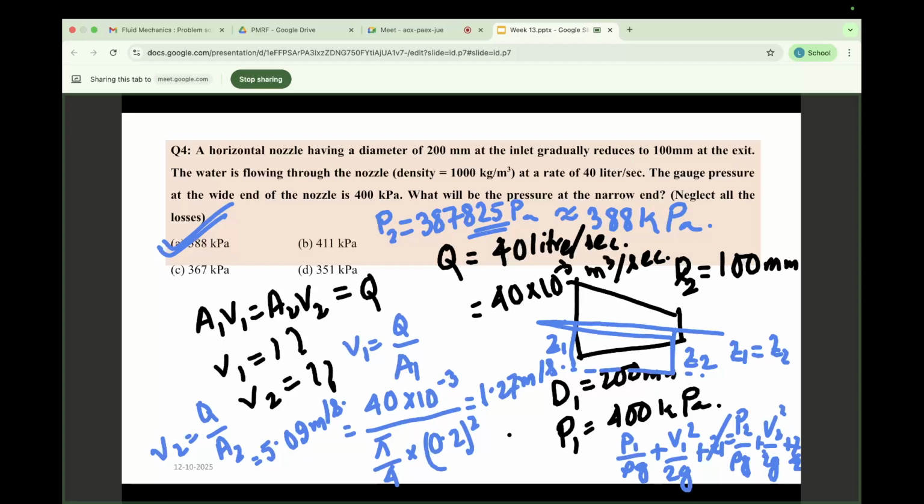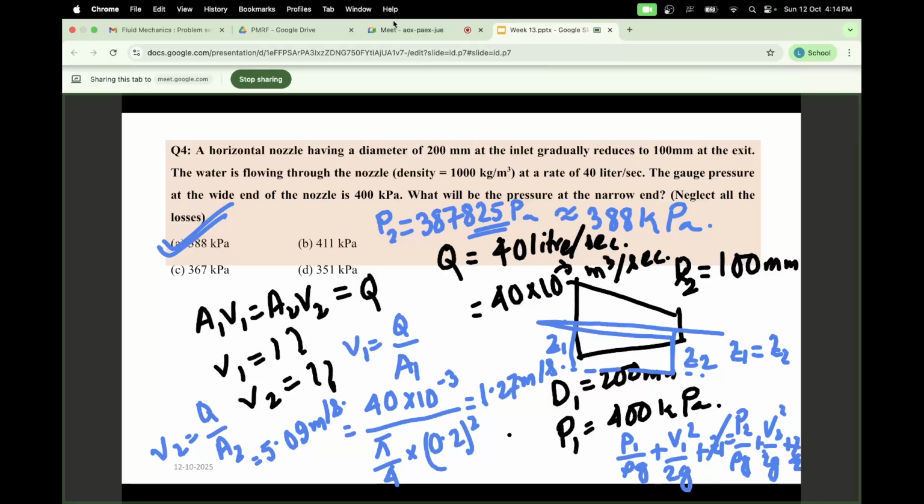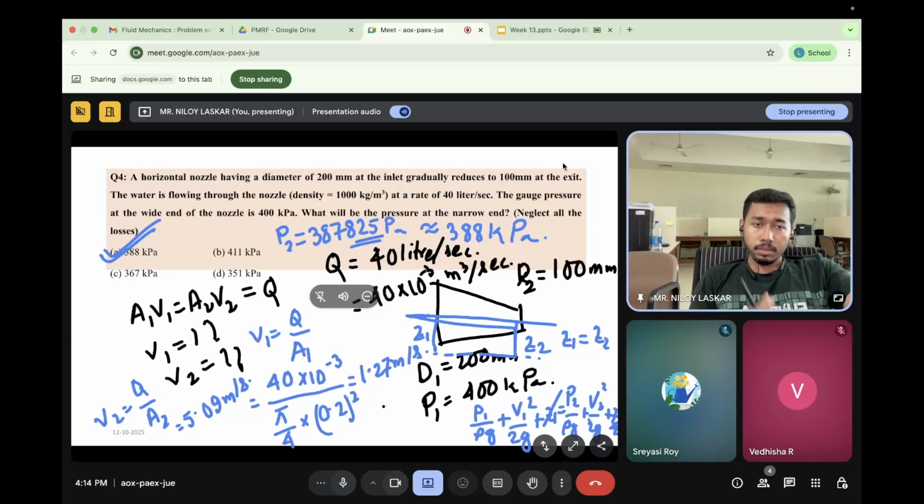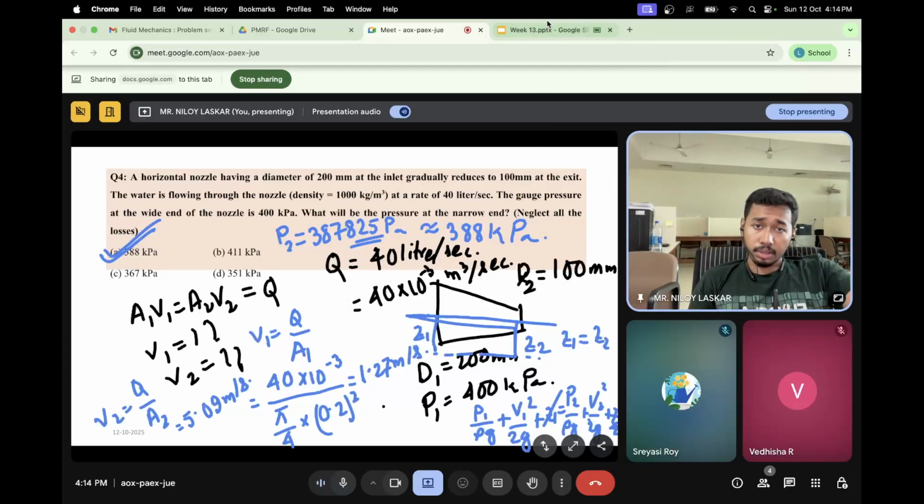Accordingly you can calculate and you will get the answer as 388 kilopascal. So I think it is clear to you.